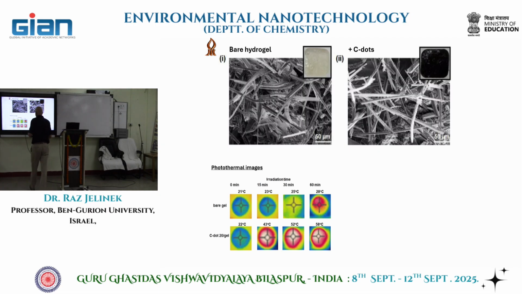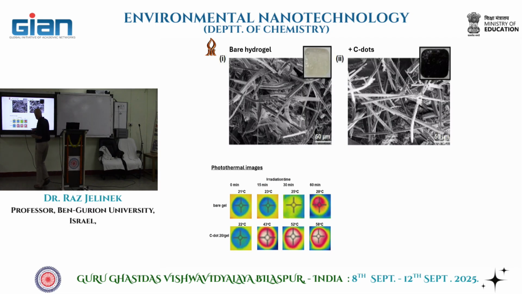But when we look at these pictures here, this is this gel, this sponge, with carbon dots. Remember that the carbon dots are doing the photothermal effect. So we irradiate, we shine light for 0, 15 minutes, 30 minutes, 60 minutes, and within 60 minutes, look at the temperature. The temperature now is almost 60 degrees.